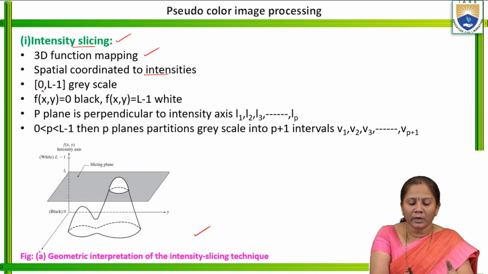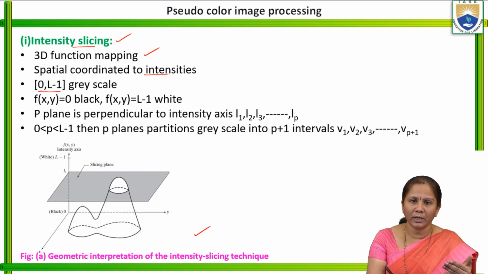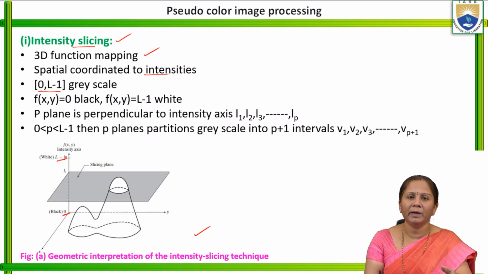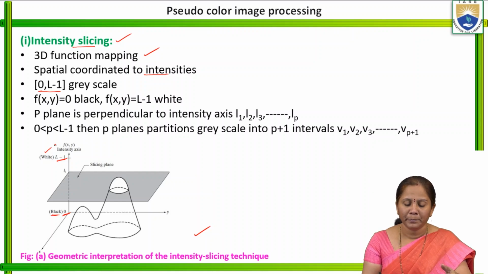The gray levels are ranging from 0 to L minus 1. If you observe this figure, this is the minimum gray level 0 and the maximum gray level here is L minus 1. So 0 represents black, and L minus 1 is the maximum intensity level which represents white. So f of x comma y, if it is 0, it represents black.